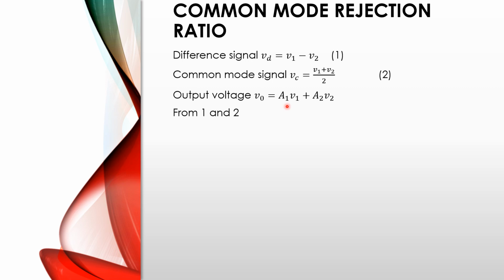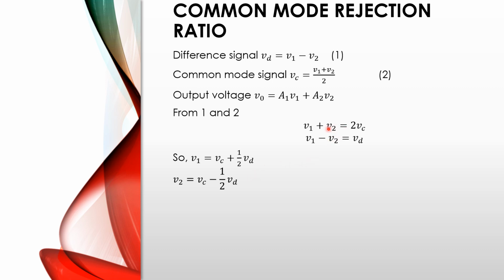From equations 1 and 2, what do we get? That is V1 plus V2 equal to 2 Vc and V1 minus V2 equal to Vd. That means what is the value of V1? V1 equal to Vc plus half Vd and the value of V2 is Vc minus half Vd.